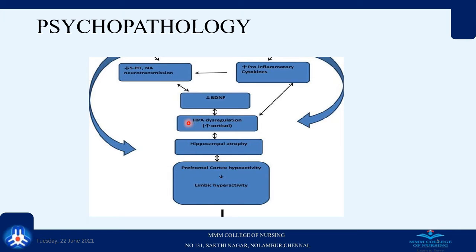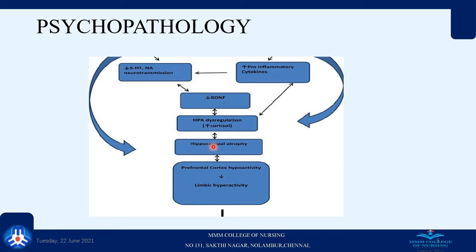When there is stress, it activates the HPA axis, the hypothalamic-pituitary-adrenal axis, and so it leads to HPA dysregulation, where there is increased adrenal cortisol production, and it accounts for the alteration in the immune system. There is increased pro-inflammatory cytokines, and this is also one of the reasons for dysregulation of HPA.